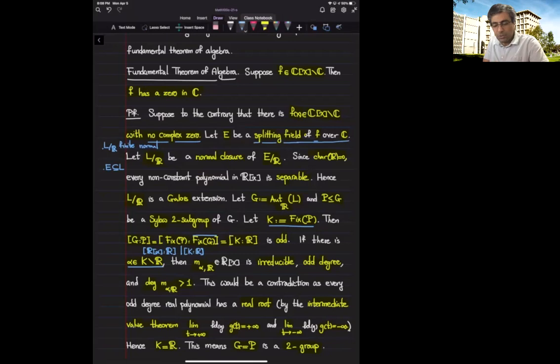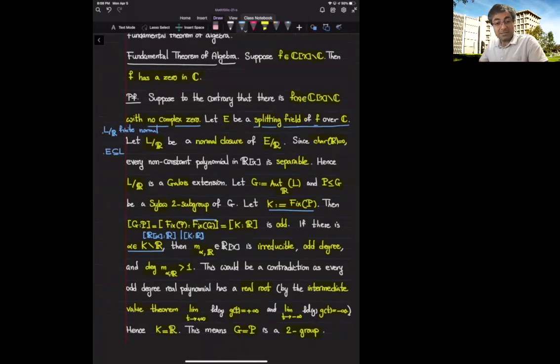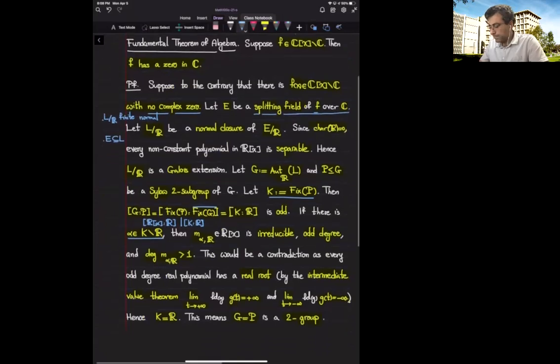So from there, you deduce that the extension L over R is a finite Galois extension. Now, Galois taught us that it's a good idea to think about the symmetries of the field extension. So let G be the symmetries of the field extension L over R.